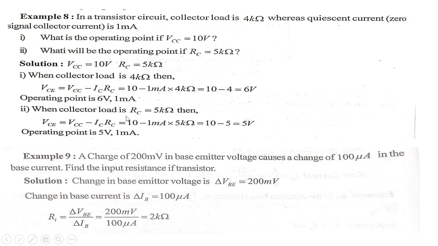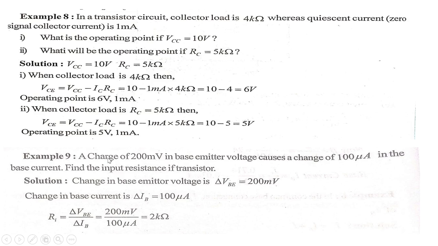When collector load is RC equal to 5 kilo ohm, then VCE equal to VCC minus ICRC. So equal to 10 minus 1 milliampere into 5 kilo ohm, that is equal to 10 minus 5, that is 5 volt. So operating point is 5 volt, 1 milliampere.